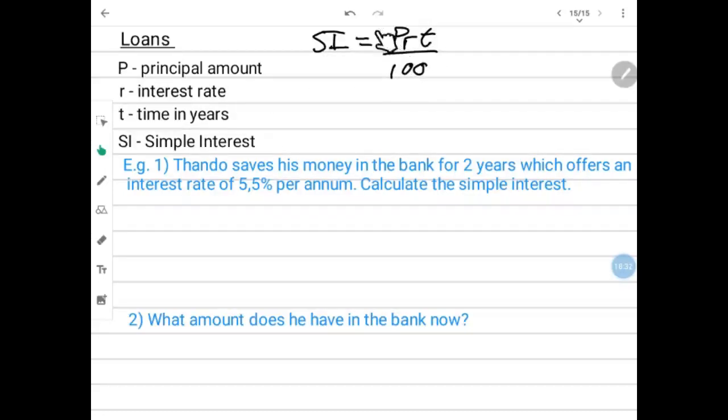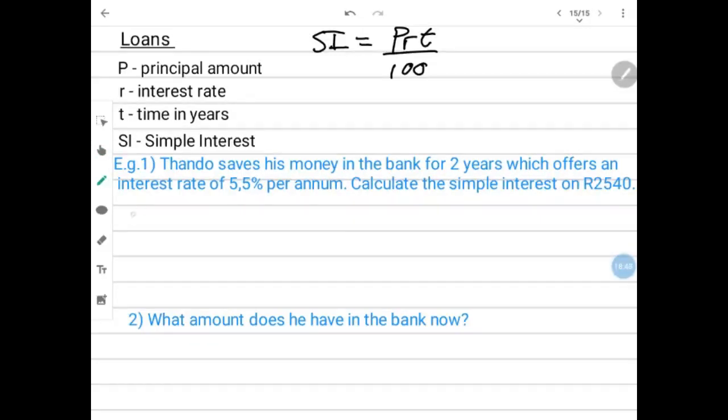So we're going to use this formula whenever we get a question. There's years, there's percentage, and then we can get the interest amount. The first thing we do is start writing down P, R, and T. Every time, you write down these unknowns that you have in the formula, P, R, and T. Now from the question we see that the amount he starts with is 2,540.